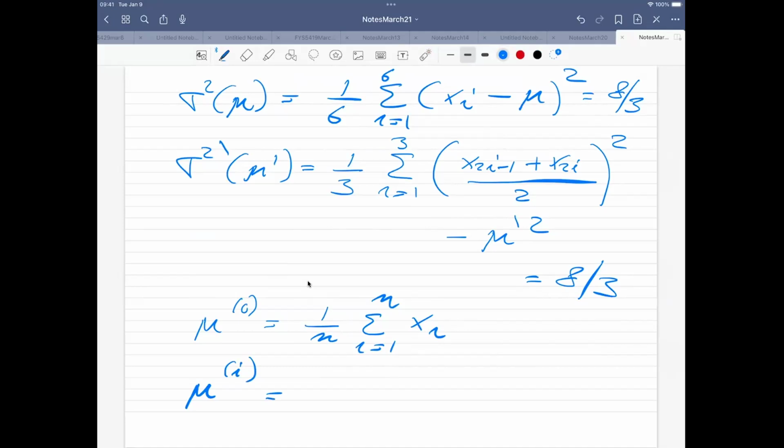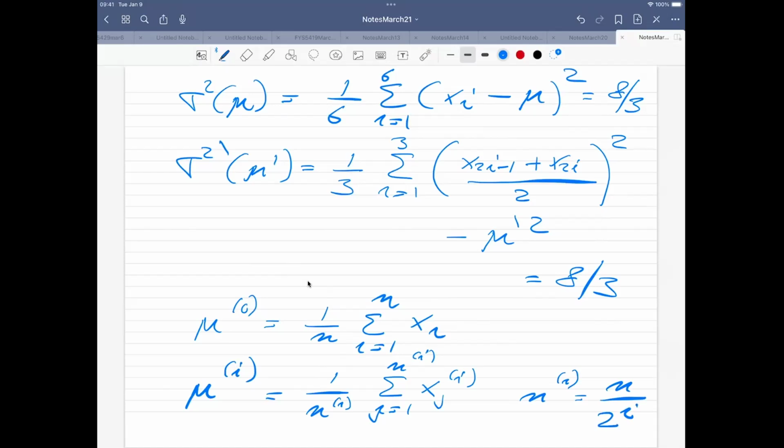So mu of i is simply 1 divided by n of i, and the sum from j equal 1 up to n of i, and then I have my x of j of i. And this n of i is simply the original number divided by 2 to the power of i. So these are just definitions which I'm bringing in here.